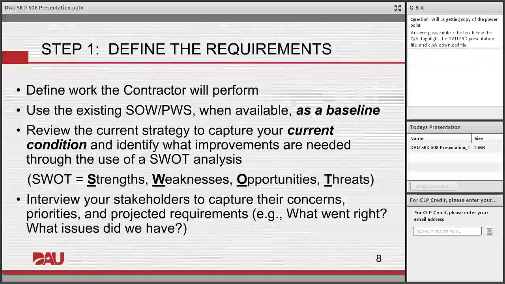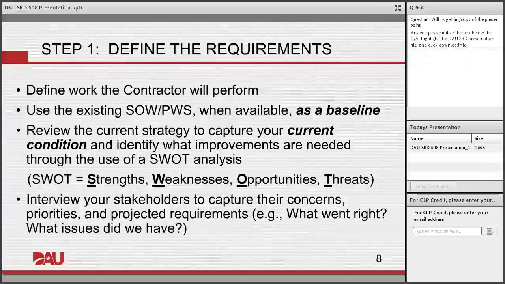It is a little harder to explain and define our requirement when we're talking services than if we were buying an item that had thresholds and objectives that were clearly defined. We still need to take the time to solidify as many of the service requirements as we can, so that when we issue the RFP, all of the potential offerors will have the same information and be able to respond by submitting a valid proposal.